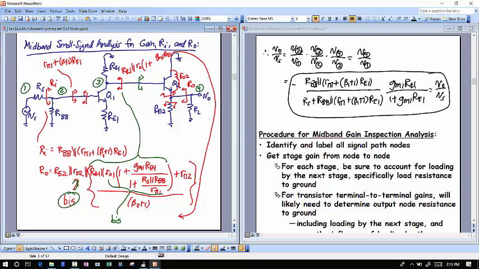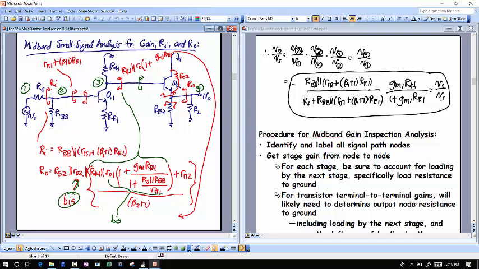That's why you need those resistance equations in that inspection analysis sheet. Okay? And you're going to need them again and again and again. So even if you don't like to memorize things, you will if you've done enough problems. How you do on this midterm may just be information for me on how many problems you've done in the end. And again, the more problems you do, the more perfect you get at this sort of thing.